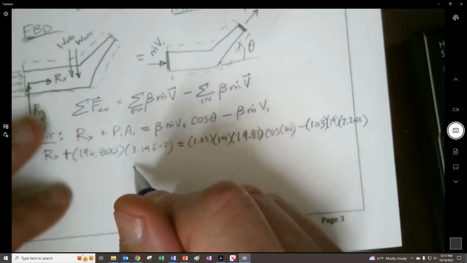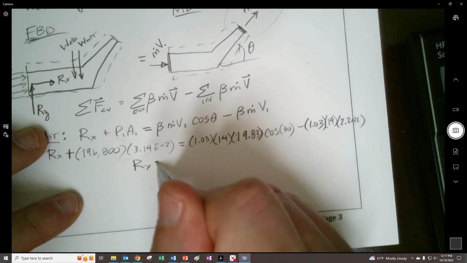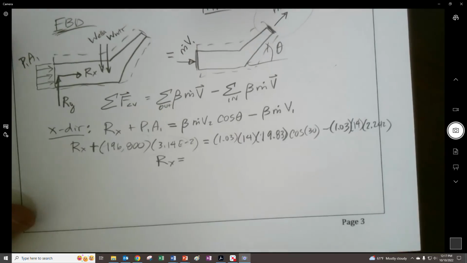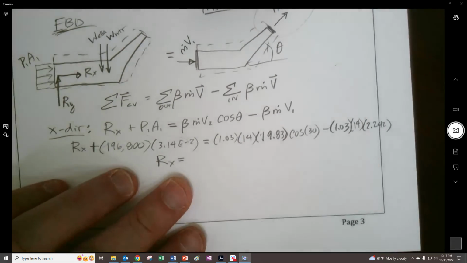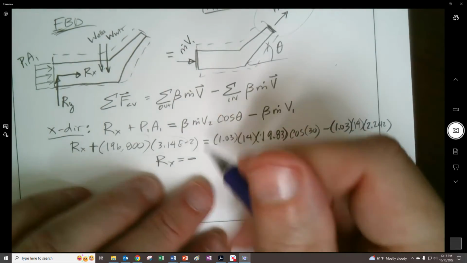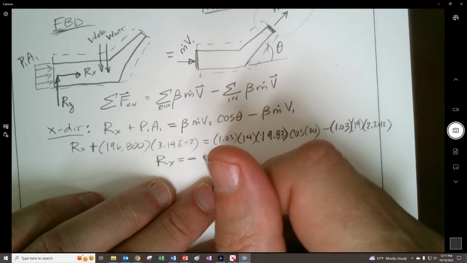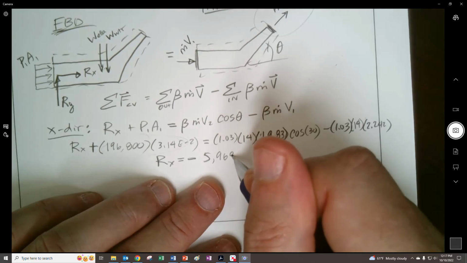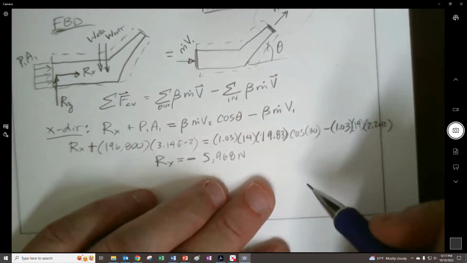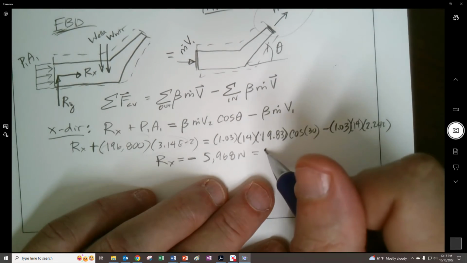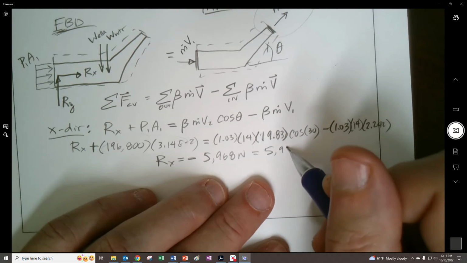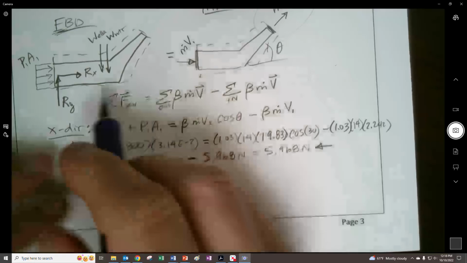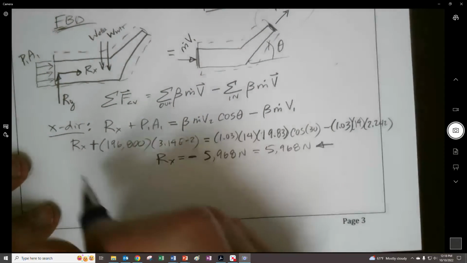Okay, so I got that right. A lot of it has to do with how the values just worked out, but we're going to end up with a negative force on here, so that's going to be negative 5,968 newtons acting onto there. So therefore, 5,968 newtons going that way right there. So we got the thing wrong.